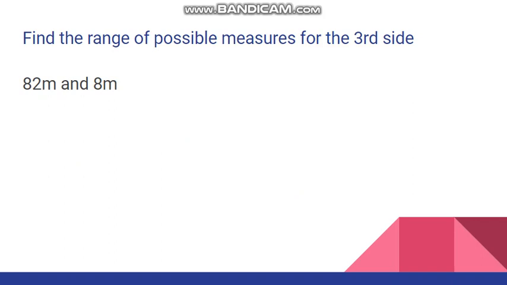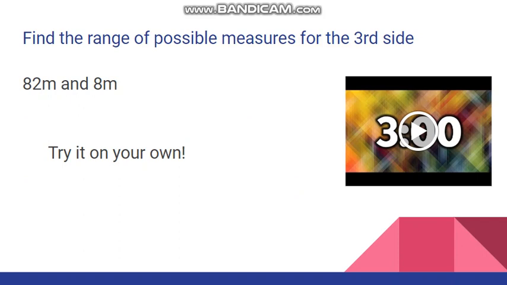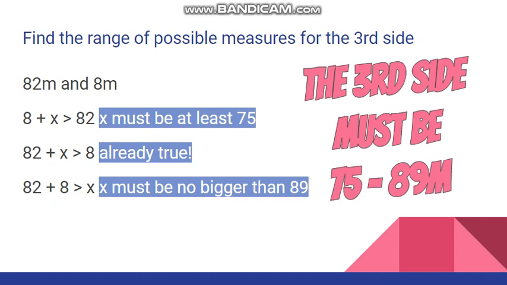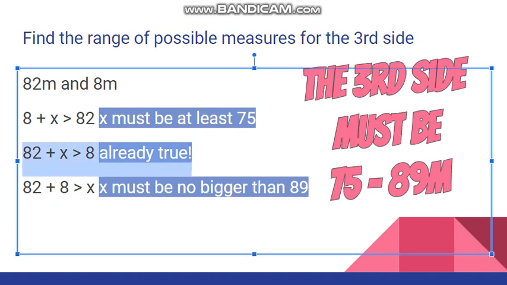Let's try it for 82 and 8. Pause, try it on your own, and then come back. So remember, 82 is already greater than 8, so it doesn't matter what x is, this one's already going to be true. We look at 8 plus x to find out the smallest x can be to make this inequality true. x will have to be at least 75 to add to 8 to be bigger than 82.